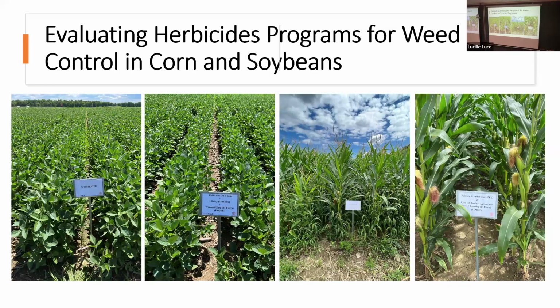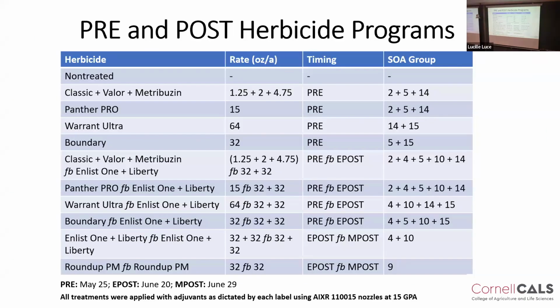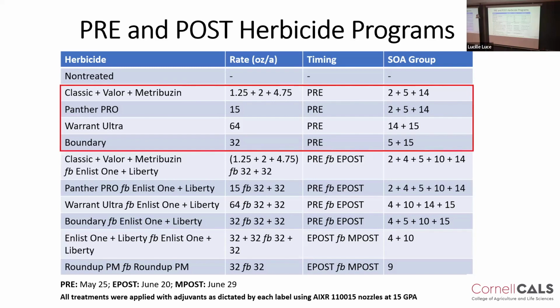The second aspect, as I mentioned, I'm not going to go into too much detail. We are evaluating herbicide programs because some of the questions come from stakeholders. What are the options if you have a Roundup-resistant waterhemp? How are we going to control it? This is the work we started with a farmer in central New York last year. These are the treatments, a messy slide, but just stick with me.